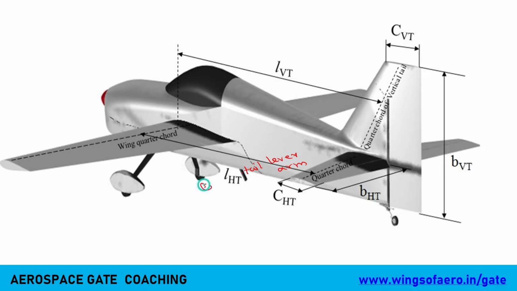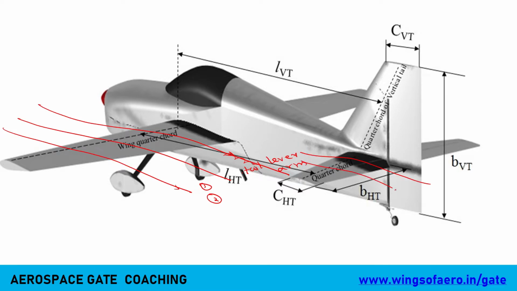The second important factor is that when the flow is moving over the wing, the vortices may give interference to the horizontal stabilizer or the vertical stabilizer. So this creates an interference if both lie on the same plane.